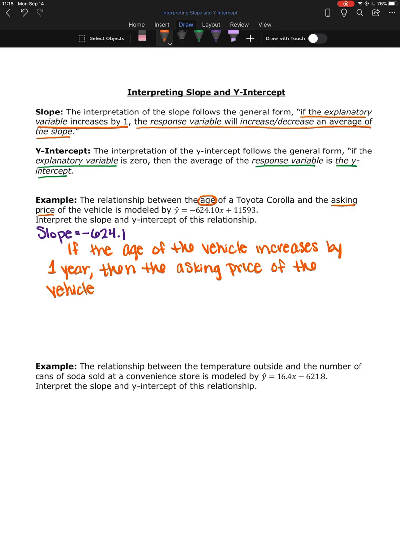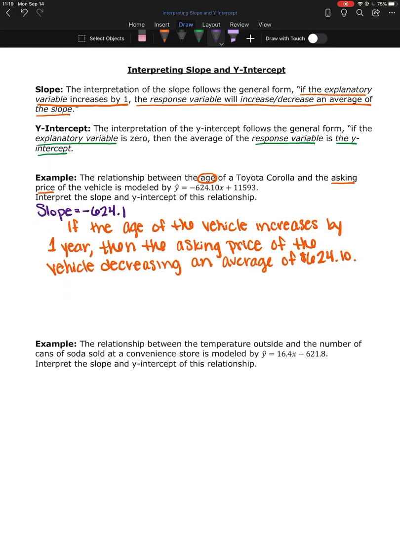Is it increasing or decreasing? Well, our slope is negative, so that means that it is decreasing an average of $624.10. And this is money, so our unit is dollars. So we want to make sure we include the dollar sign on there. So that is how you would interpret the slope in this situation.